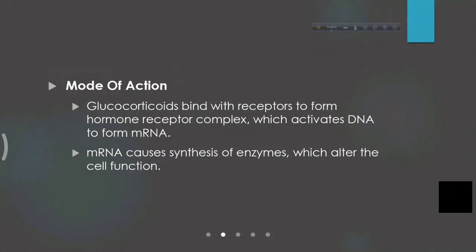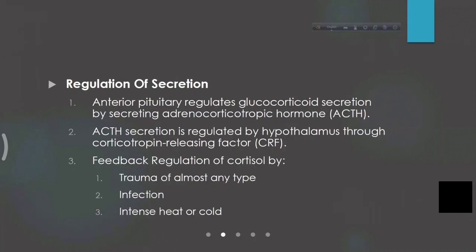Cortisol, because it is a steroid, also acts by binding with receptors in the cytoplasm and initiating transcription of DNA to RNA, which in turn causes synthesis of various different types of enzymes that catalyze the different cellular reactions and which help carry out the effects of cortisol.